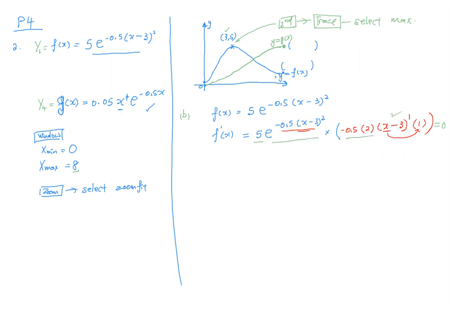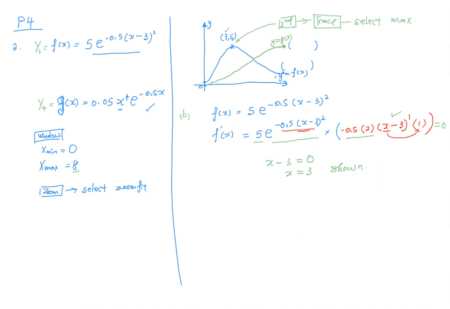So the only term that can be 0 is x minus 3 equal to 0, therefore x equal to 3. Done, shown. Clear? So that is called by calculus. That's why for this question we only give you 2 marks. We expect everyone to know how to differentiate exponentials.